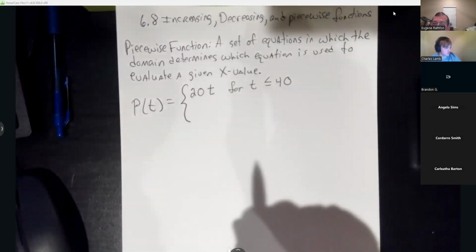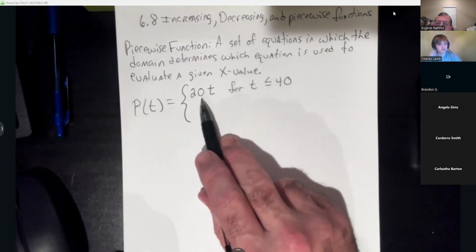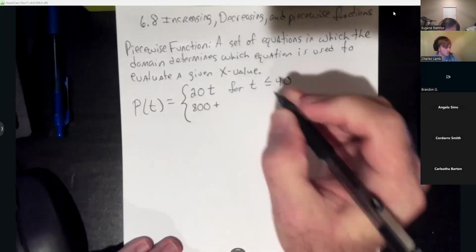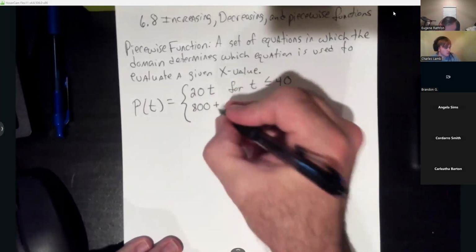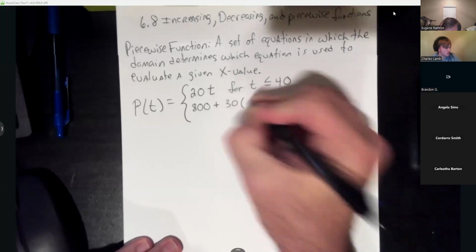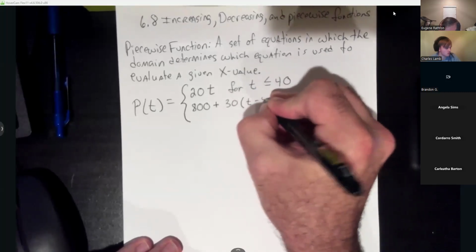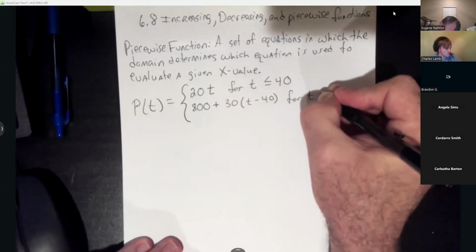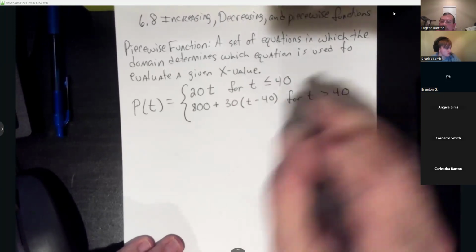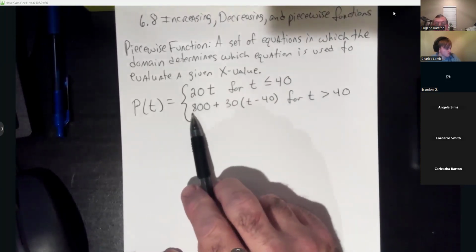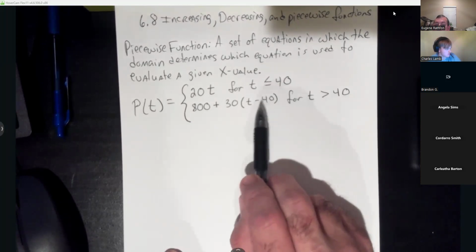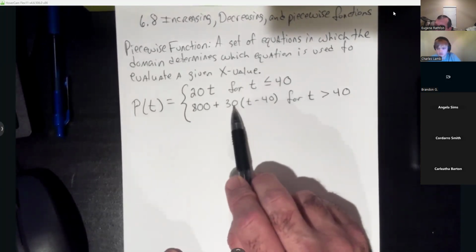Now, if I make overtime, 40 hours at 20 would be $800 a week, plus time and a half on 20, which is $30, times my T minus 40. That's going to be for any T that is greater than 40 hours. So when I did 40 hours it is $800. And say if this was 45 hours you worked, 45 minus 40 would give you 5 hours at $30, okay?